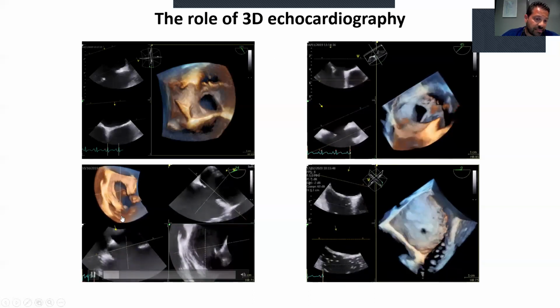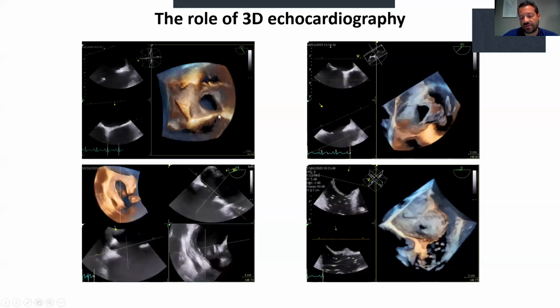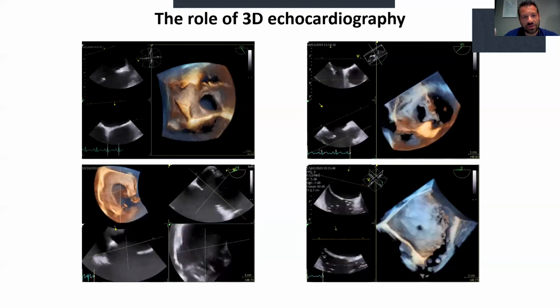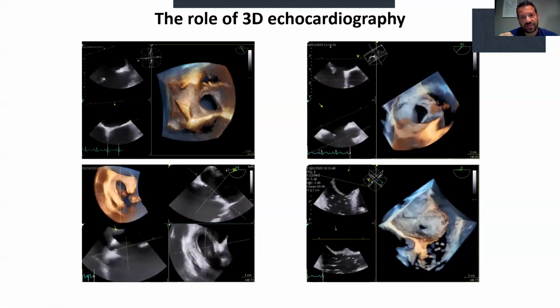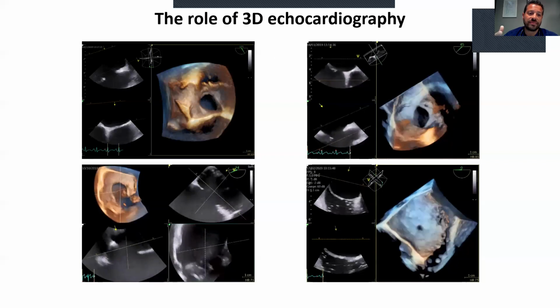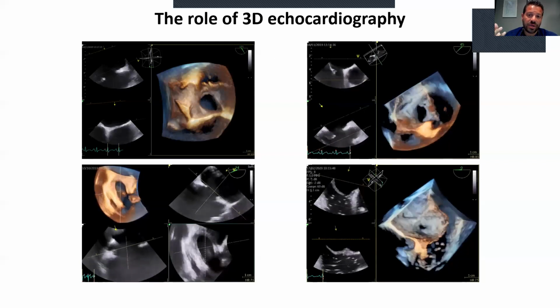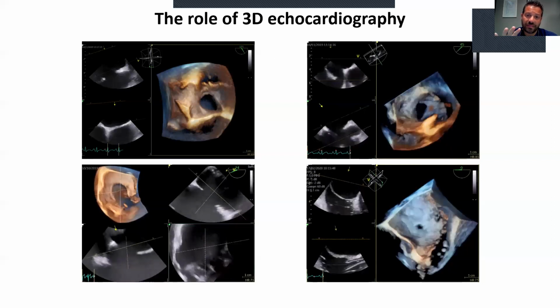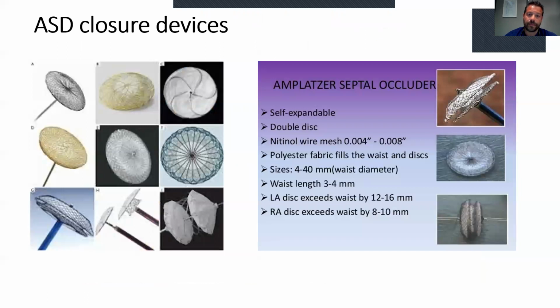This is an oval-shaped defect, and here you can see another defect with different shapes. So 3D echocardiography can help us understand what kind of a defect we have. And of course, sometimes we can see a septum with multiple fenestrations. And this is very important also.